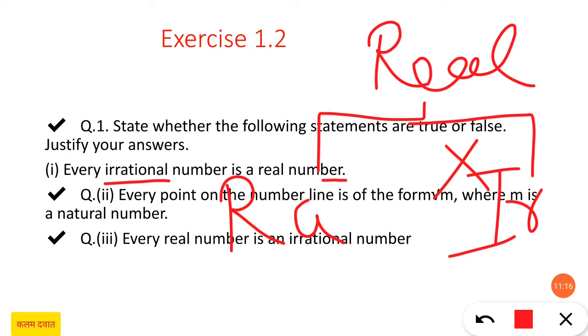The vice versa is correct, but every irrational number is a real number is not correct, because rational numbers can also be real numbers.